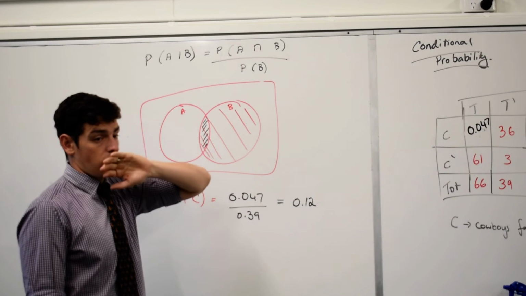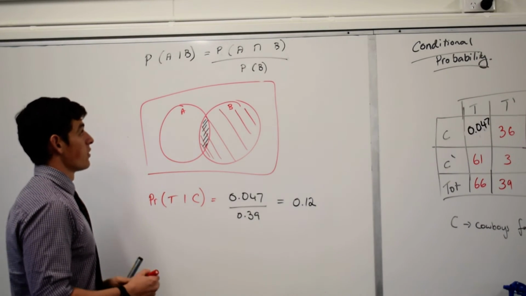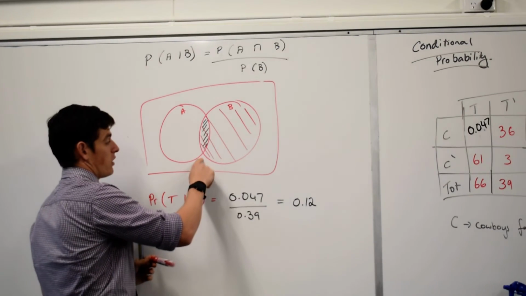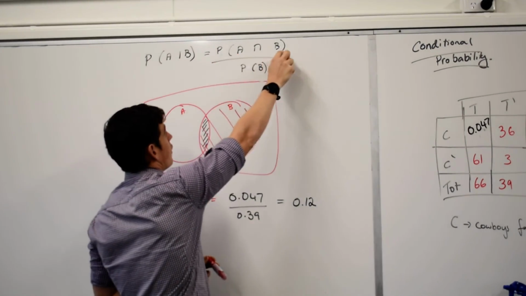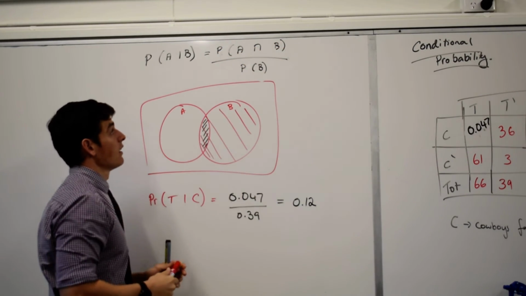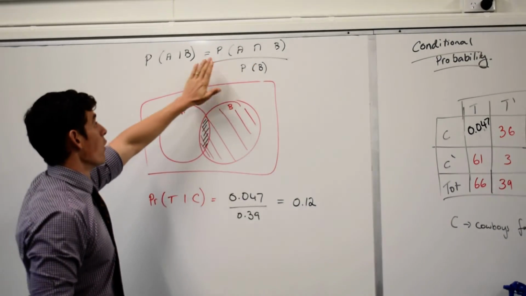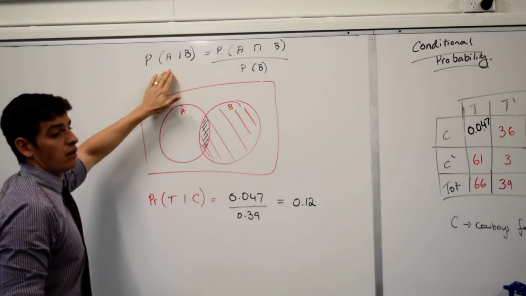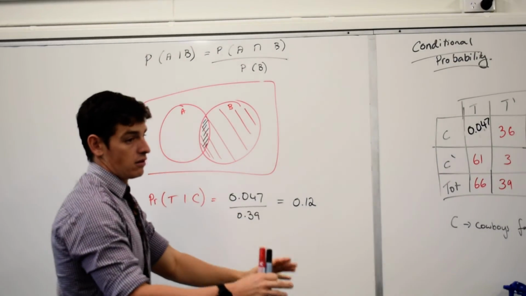Or not? I wasn't listening. At least you're honest, that's good. The probability of A given B is saying the probability of the middle section, the part that's in black, divided by the probability of B, which is all of B. So I already know B, what's the probability of A, given that I know it's already in the category of B. Sweet?